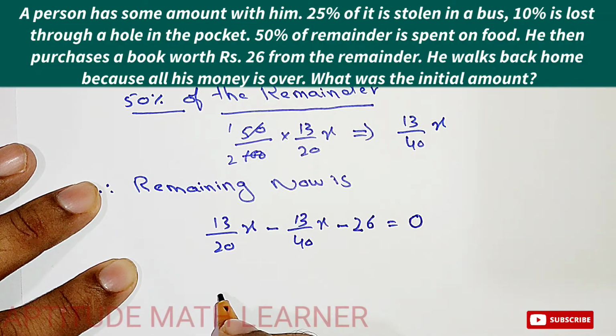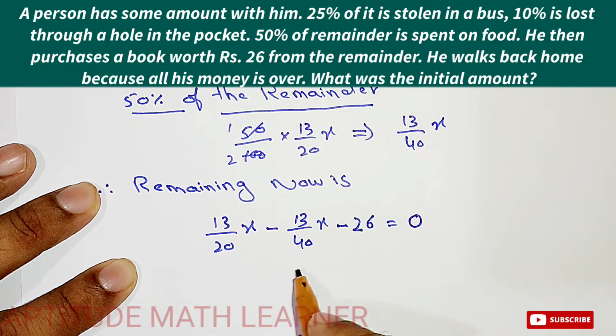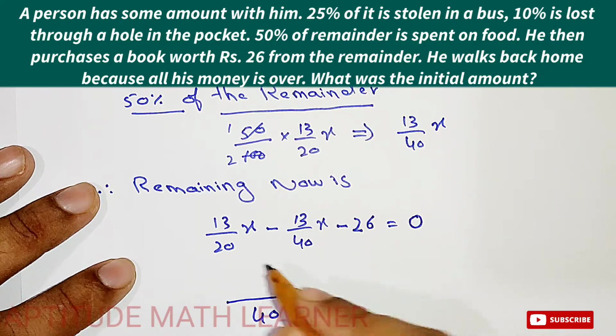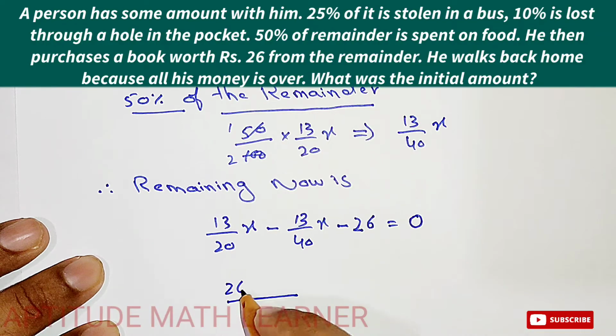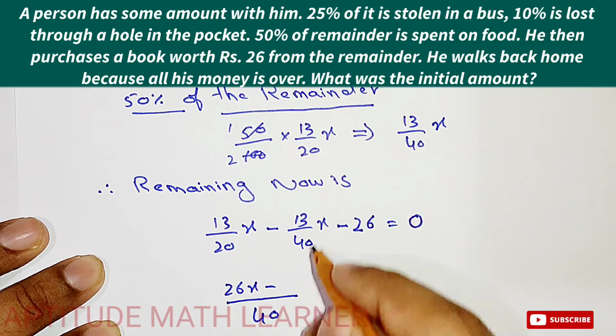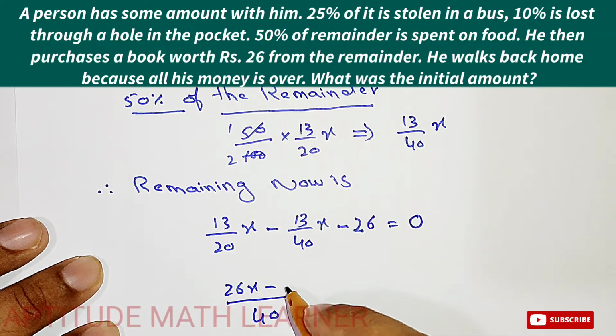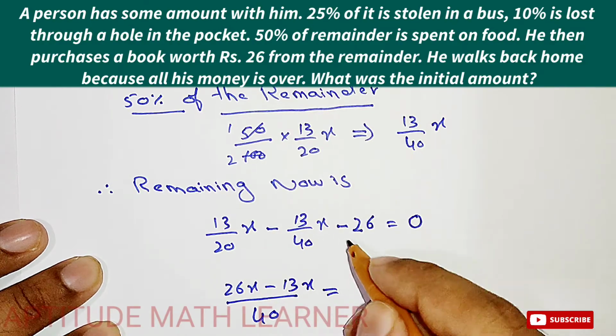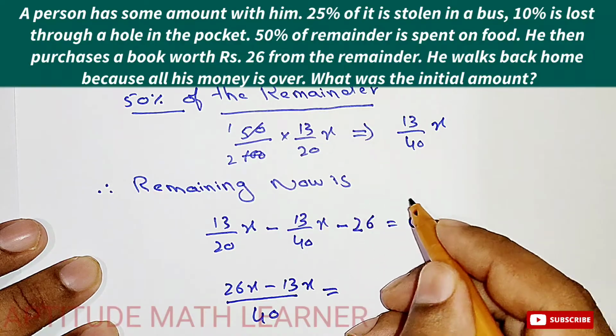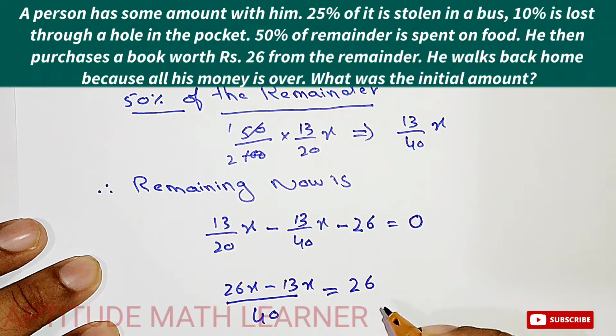Here we take the LCM, which is 40. 2 multiplied by 13 is 26x, minus, and 40 cancels out, leaving 13x equal to this minus 26, which goes to the other side and becomes plus 26.